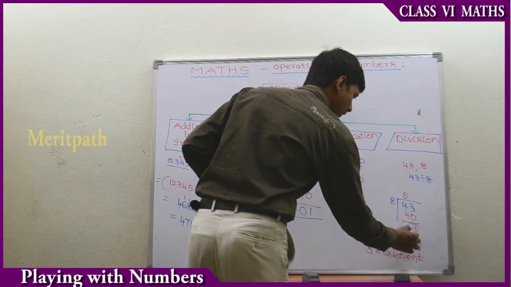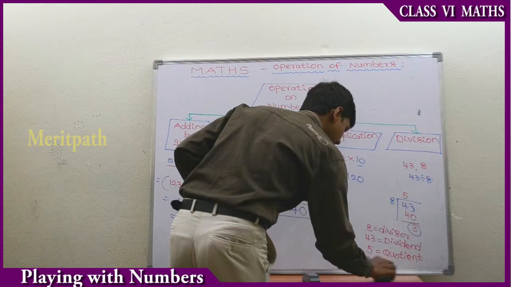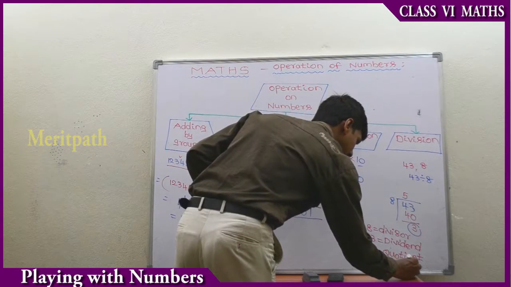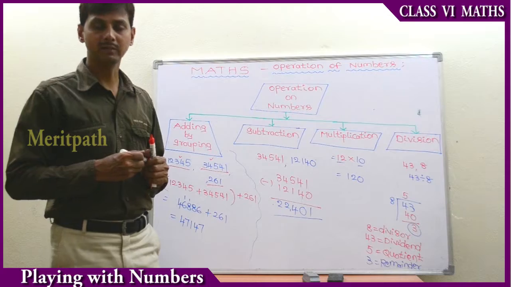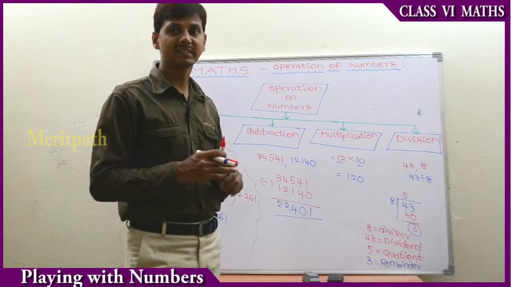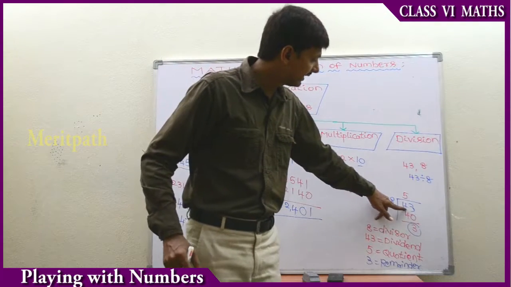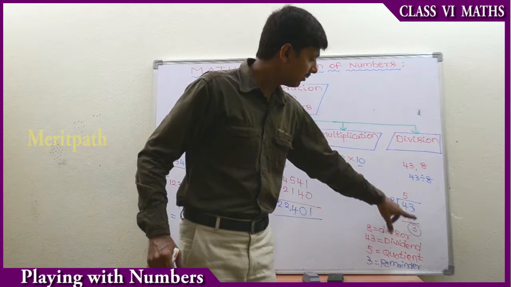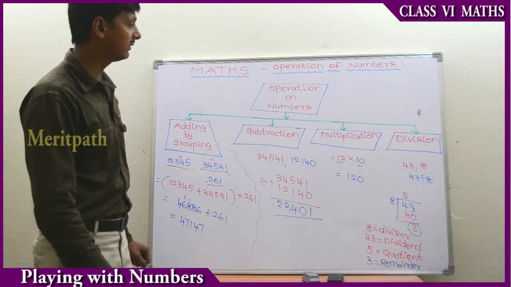After dividing, we got 3 as a remainder, the left out part. And the division rule is: dividend equals divisor into quotient plus remainder. We get the dividend by multiplying divisor into quotient and adding the remainder. So this is the process of division.